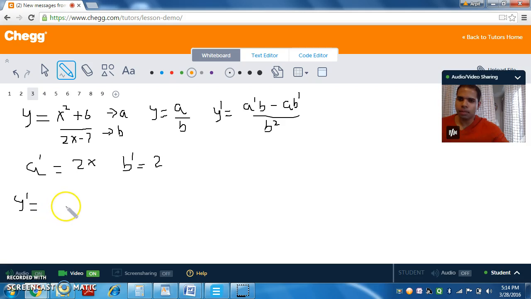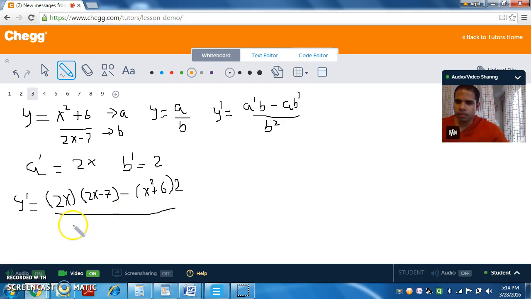So basically we know all the terms we need, and we can just plug in the values to find the derivative. So this becomes y prime equals a prime b, which is 2x multiplied by b. b is 2x minus 7, subtracted by a b prime, so that is x squared plus 6 multiplied by b prime, which is simply 2, and this is divided by b squared, which will be 2x minus 7 squared.